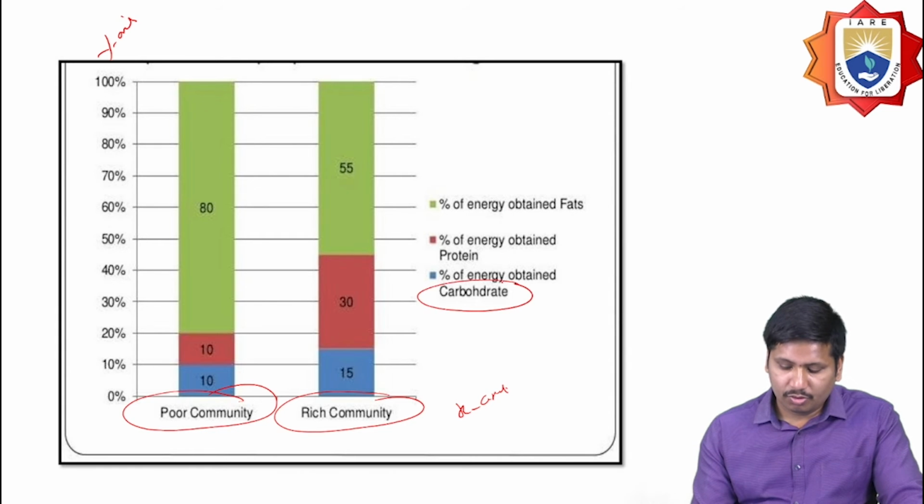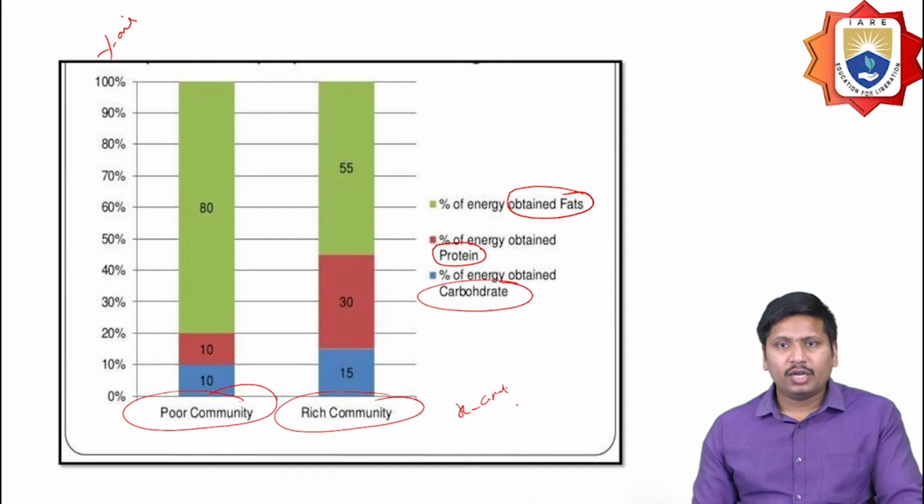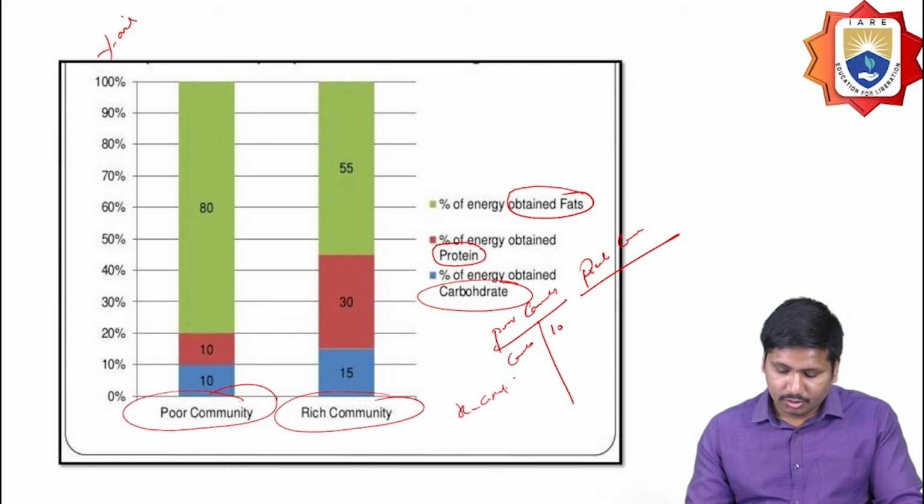Blue is for percentage of carbohydrate, red is percentage of energy obtained through protein, and I want to find the percentage through fats. Suppose for the poor community, carbohydrate 10, protein 10, and fat 80.